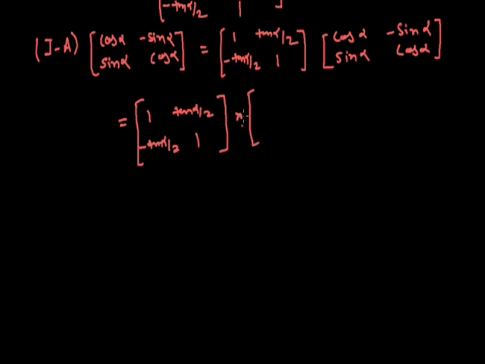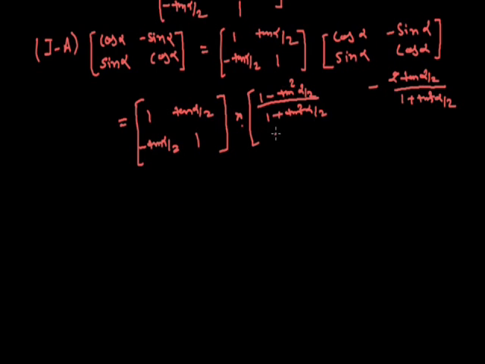Cos alpha in the form of tan is 1 minus tan square alpha by 2 upon 1 plus tan square alpha by 2. Now sin alpha is 2 tan alpha by 2 upon 1 plus tan square alpha by 2, and minus sin alpha is minus 2 tan alpha by 2 upon 1 plus tan square alpha by 2.